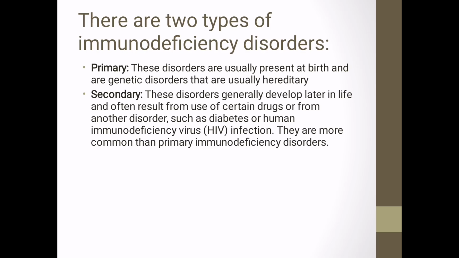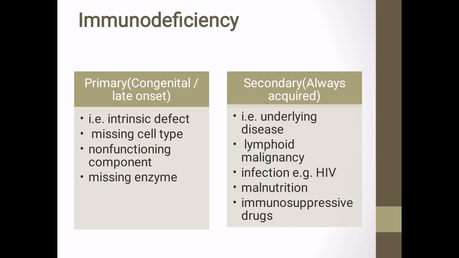So secondary immunodeficiency is acquired and it is caused by other disorders or by certain immunosuppressive drugs, or other disorders like HIV infection and diabetes. And the most well known causative infectious agent is HIV. HIV is the virus that causes the secondary immunodeficiency type.